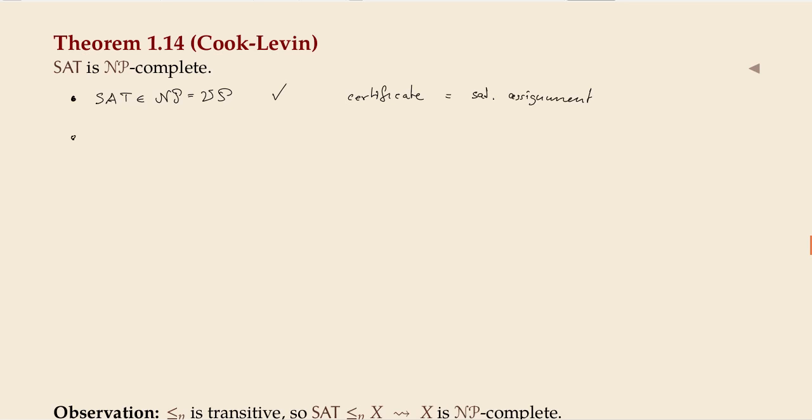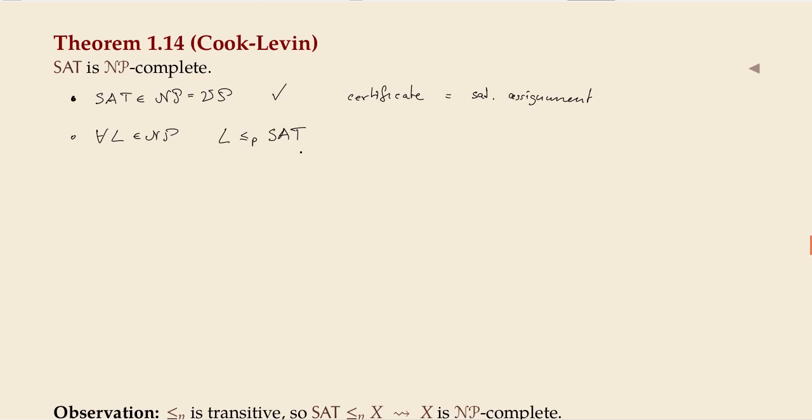And the second claim is, of course, the more interesting one. We have to show that for any language in NP, we can do the reduction. And at this point, we use that if a problem is in NP, then there's a non-deterministic Turing machine that solves the problem or accepts the language.